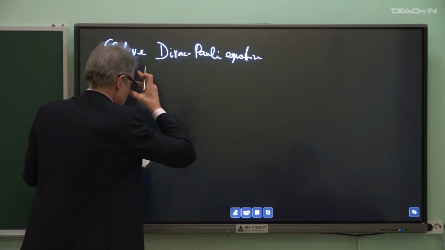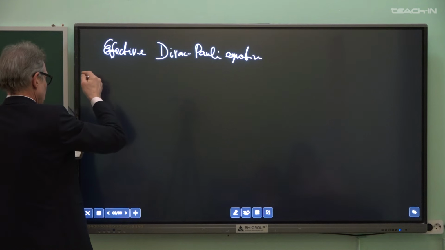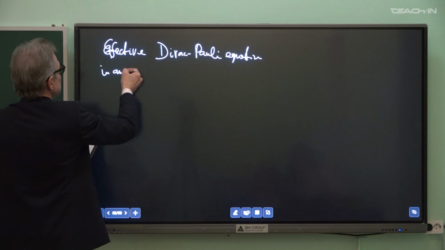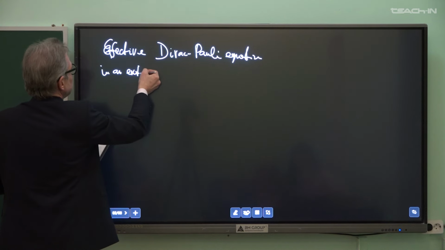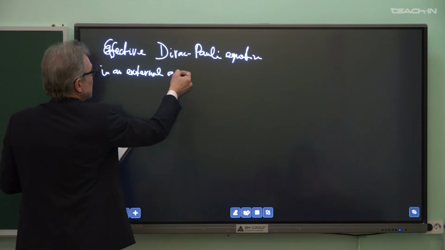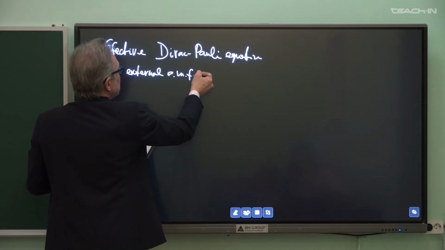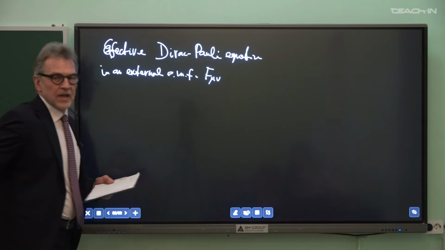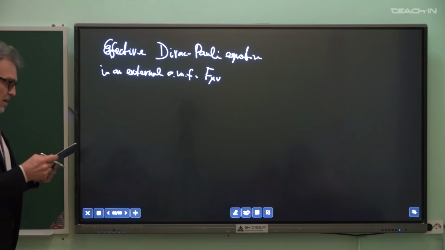The wave function is in an external electromagnetic field given by the tensor F mu nu of the electromagnetic field.